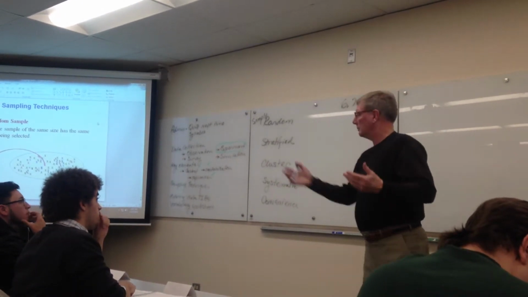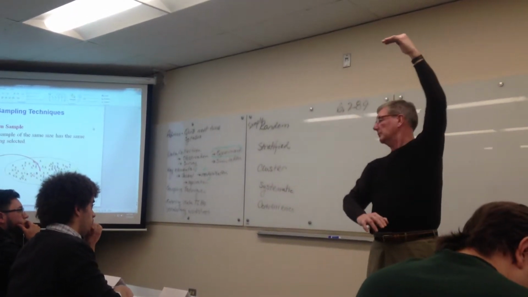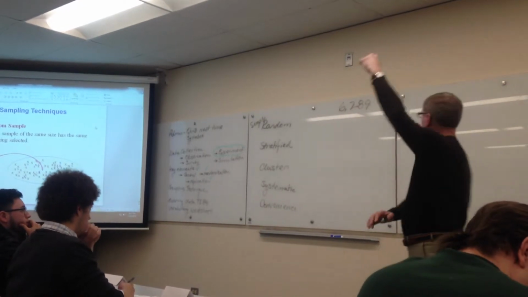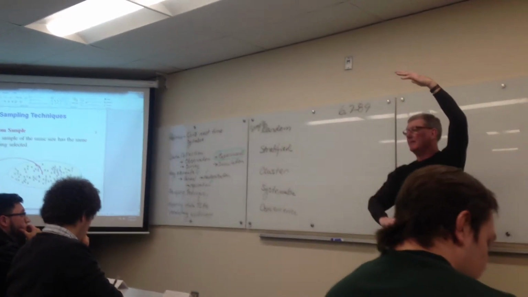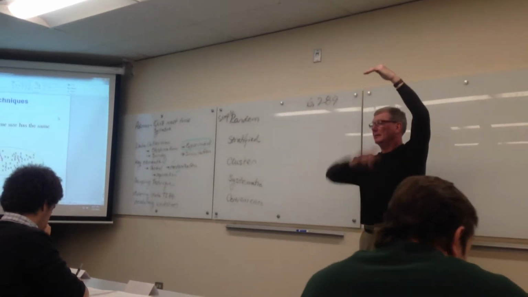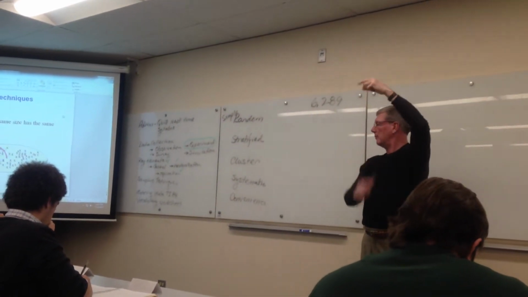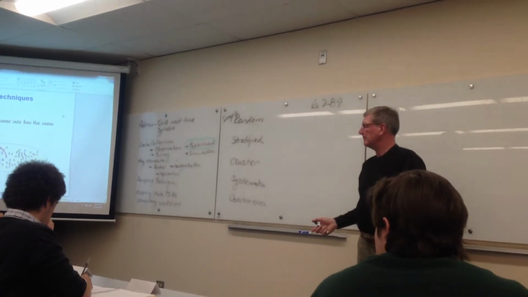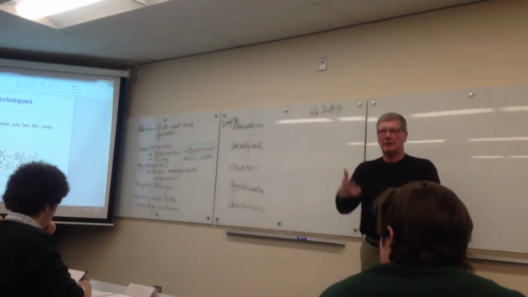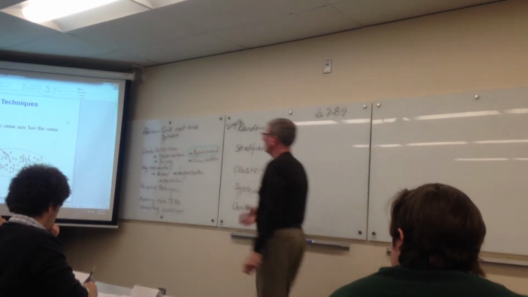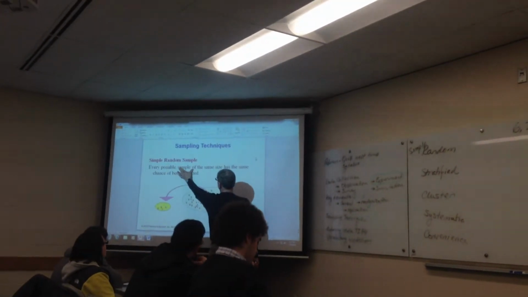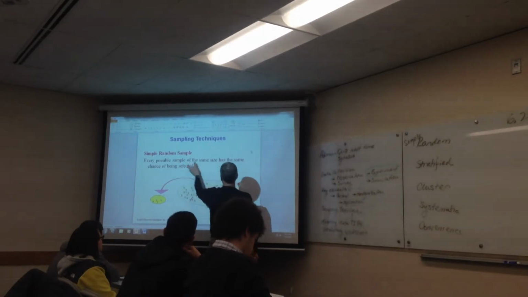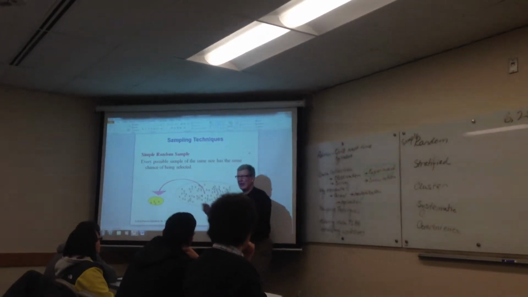Yeah, or like the lady said, you know, get a list of all 6,289, right? And list them, generate a random number, and pick them. But the idea here is that every store, in this case, every McDonald's, has the same chance of being selected.